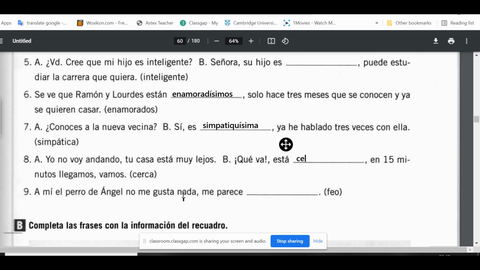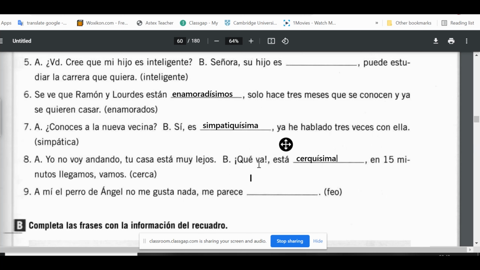Cerca. So notice this ka sound. I don't want to lose this sound. Whenever there is cerquísima, just like simpaticísima, it's a ka sound.